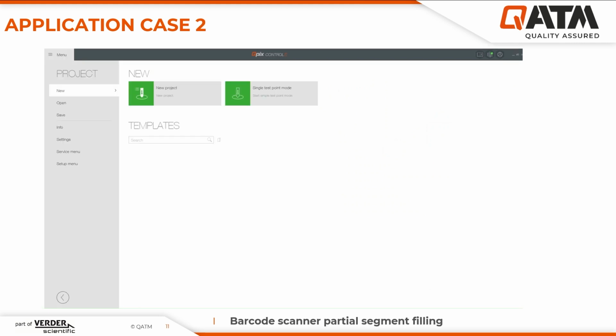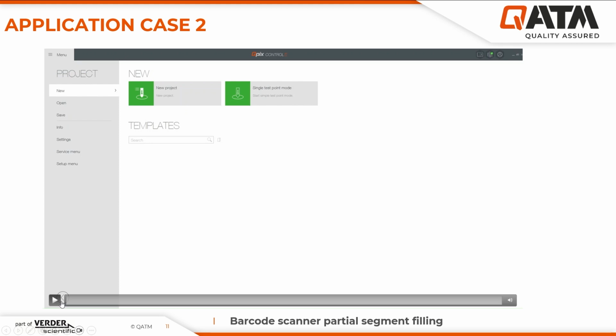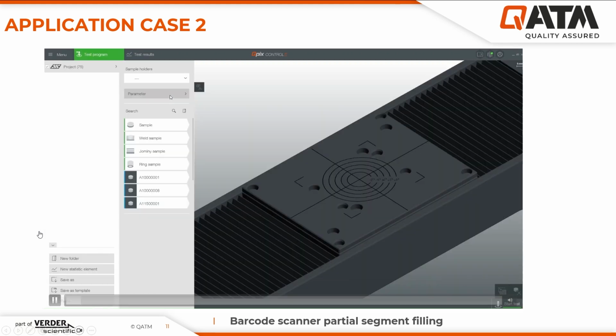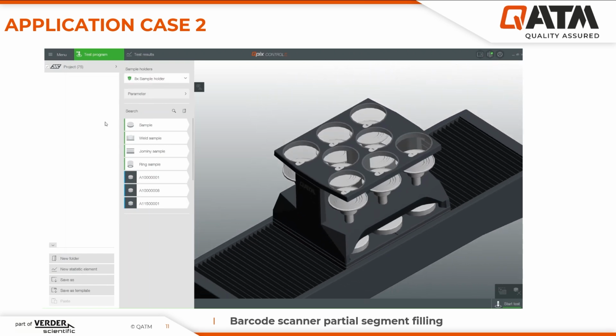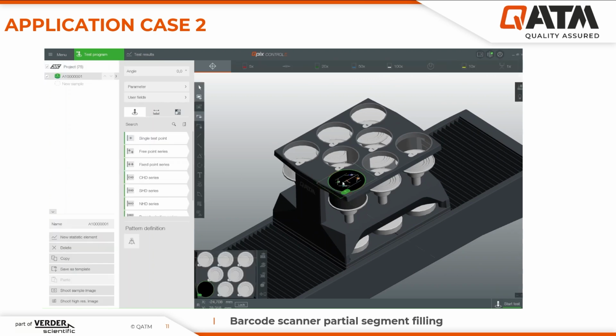The second application case would be the partial segment filling. So we have one barcode and we want to split it into several user fields. So we can also start the test sequence. We do the same principle. We create a project, we select the responsible template on the responsible position.